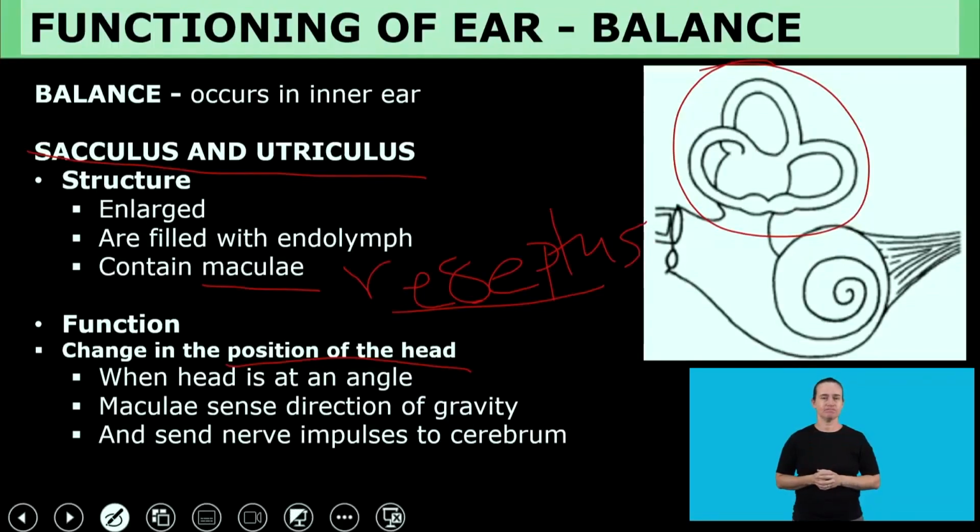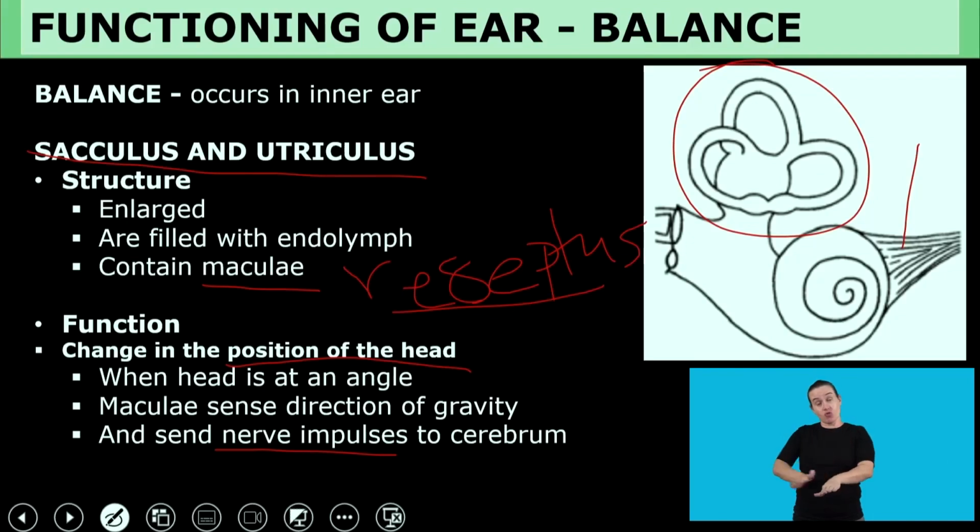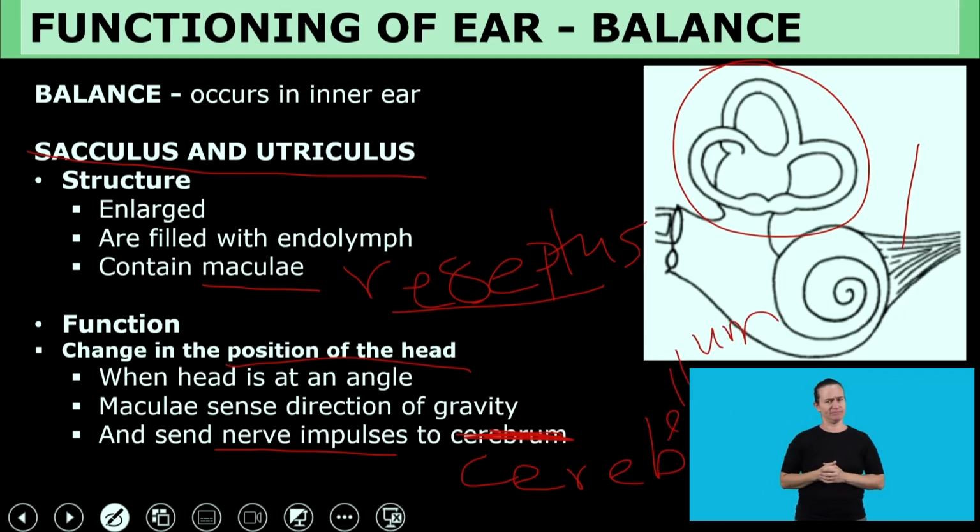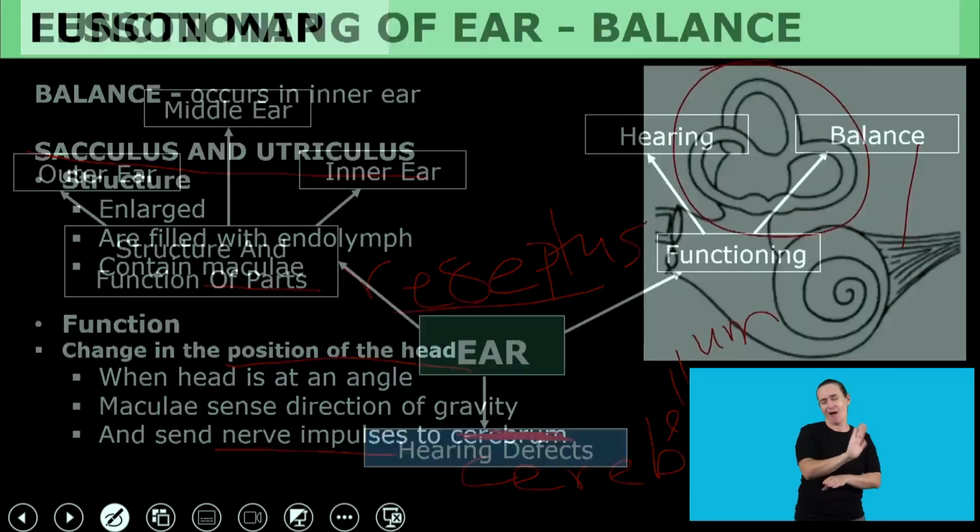They pick up the stimulus and convert it into a nerve impulse, which is carried again via the auditory nerve not to the cerebrum, but to the cerebellum. Balance is controlled by the cerebellum, not cerebrum.